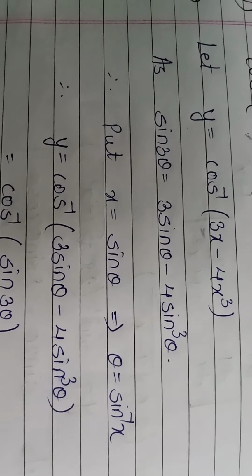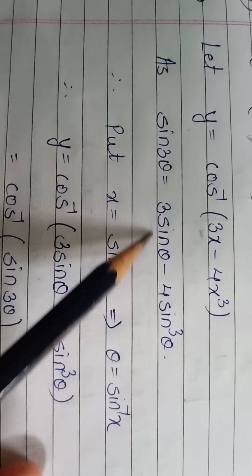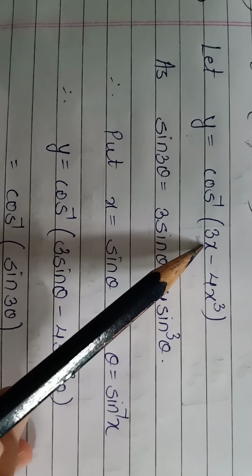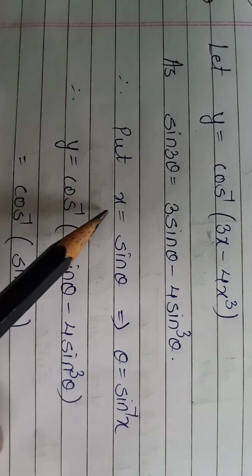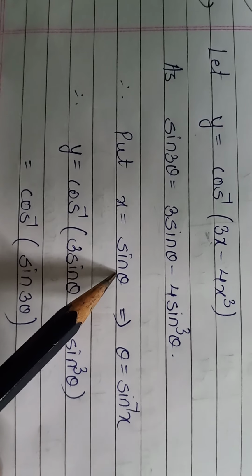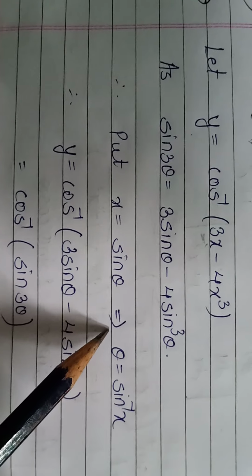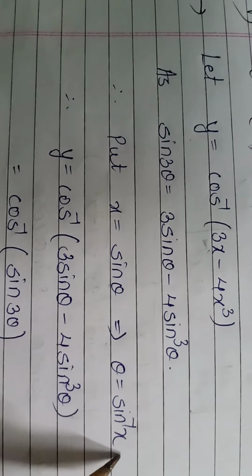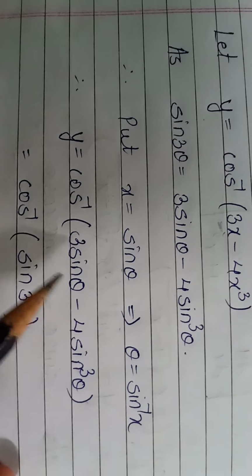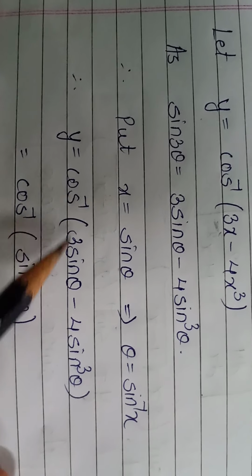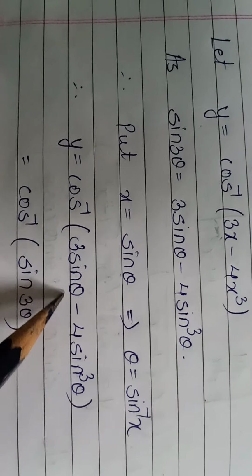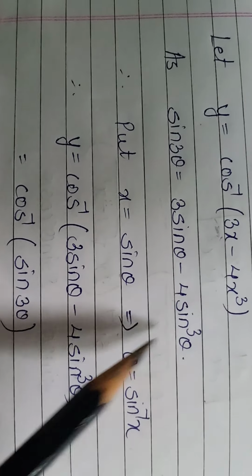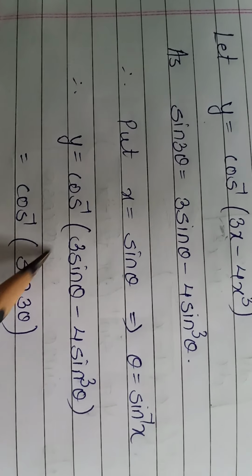So it means that to get this form we have to put sin theta instead of x, correct? So put x equals sin theta only, then theta will come as sin inverse of x. Then, the next step will be y equals cos inverse of 3 sin theta minus 4 sin cube theta. It is the formula of sin 3 theta.